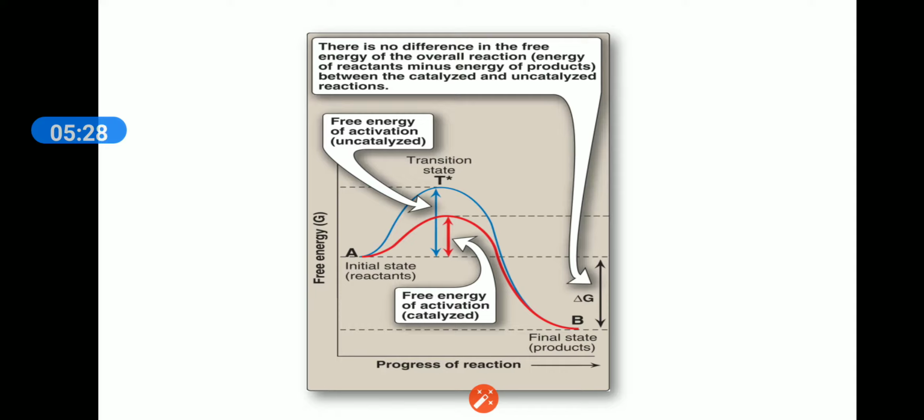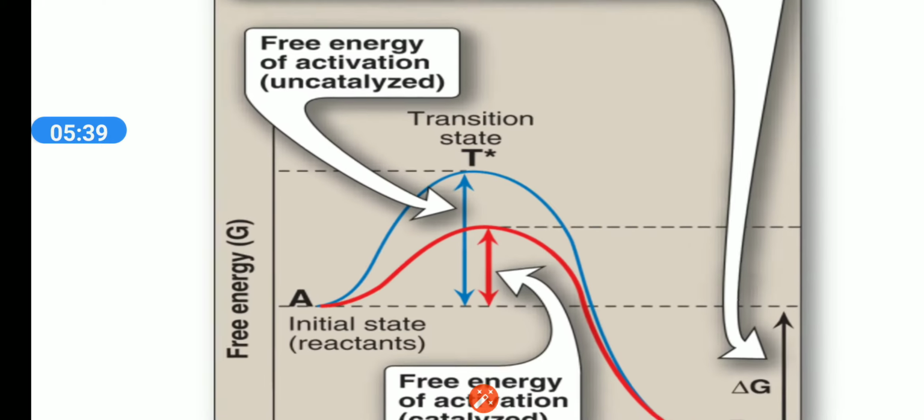How do enzymes do all these miracles or magical things? They increase the rate of reaction by decreasing the activation energy.